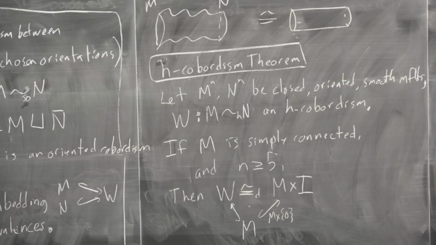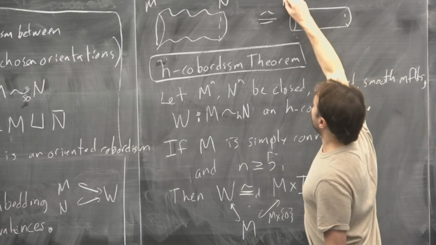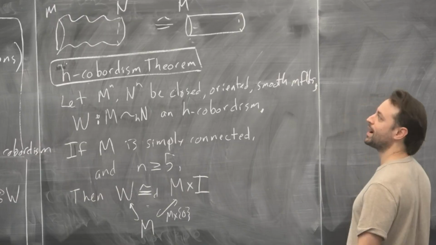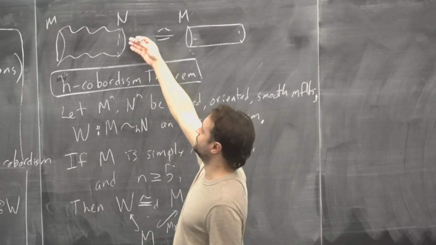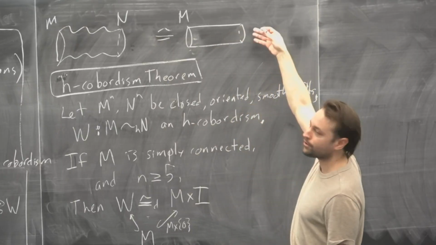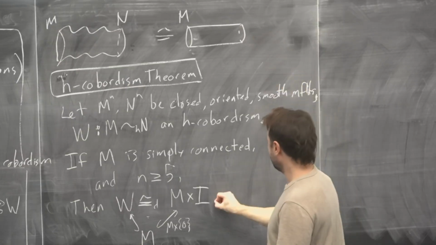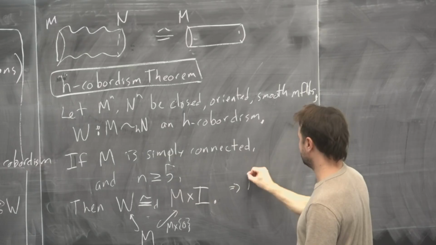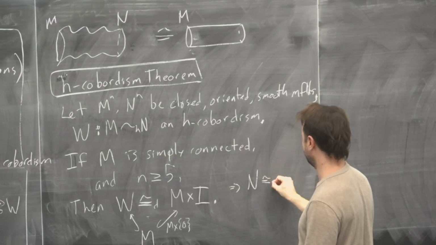So our W is diffeomorphic to a standard cylinder in a way that leaves the M end unchanged. So just by comparing boundary components, the other end of the cylinder is N. That has no choice but to go to the other end of the actual cylinder. So in particular, as a corollary of this, you get that N itself is diffeomorphic to M.